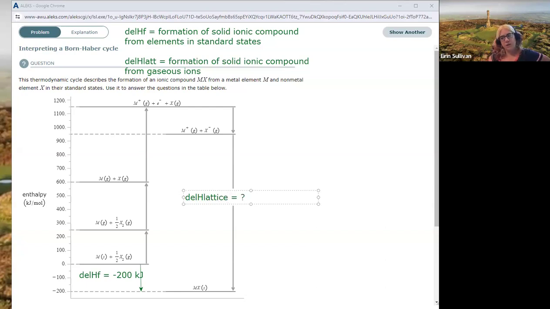Now this ALEKS question is a gentle introduction for two reasons. First of all, you're not really having to worry about stoichiometry, because that's all been balanced for you. Quite often at the upper level you will just be told to work out the lattice enthalpy for the formation of sodium chloride.